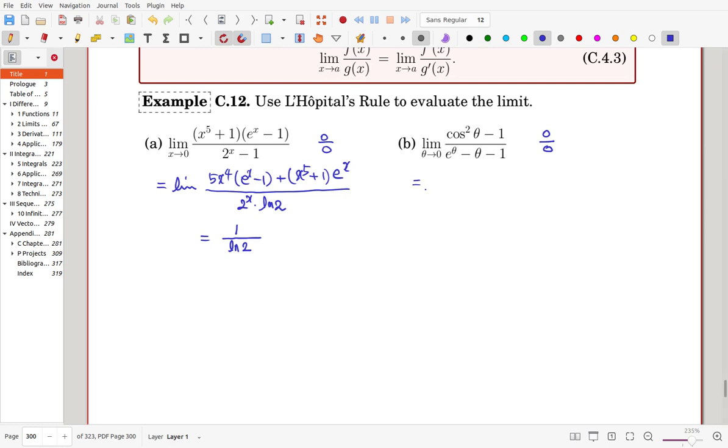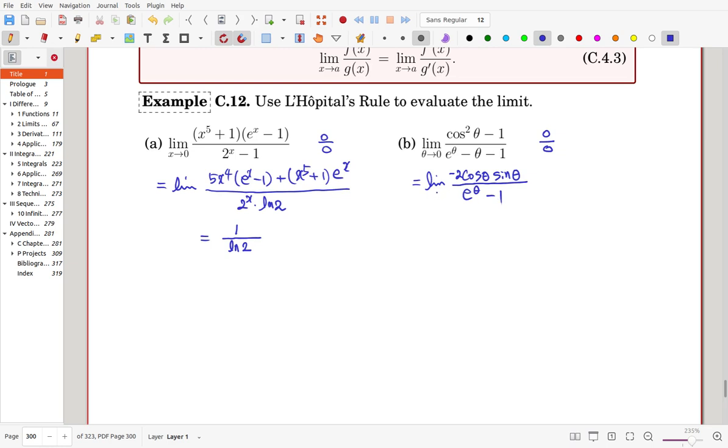That is the same as the limit, with theta approaching 0, of the derivatives. That is now 2 cosine theta, and the derivative of cosine theta is minus sine theta, so we put a minus here. Dividing by e to the theta, the derivative is the same, e to the theta, and theta becomes minus 1.